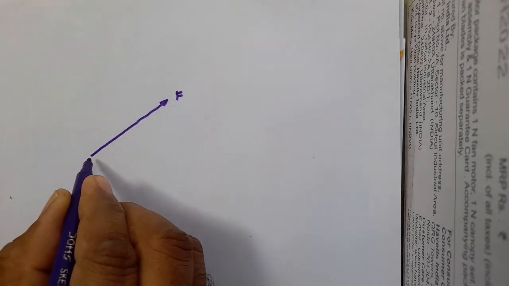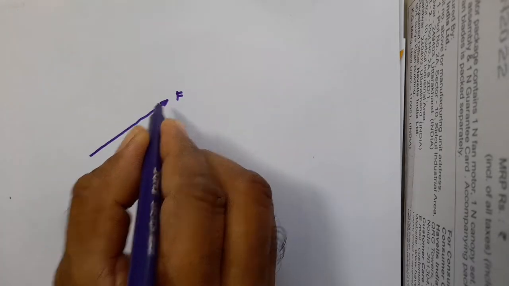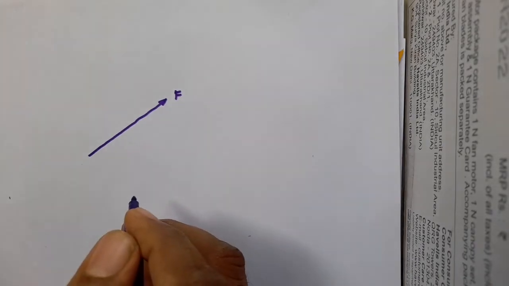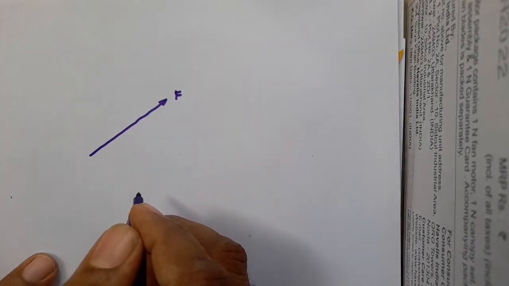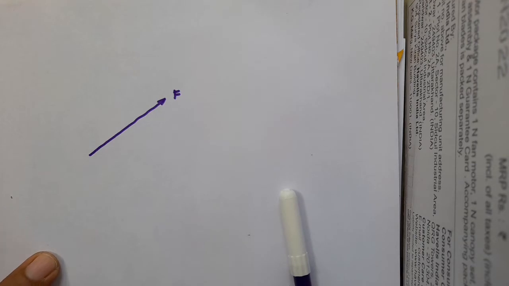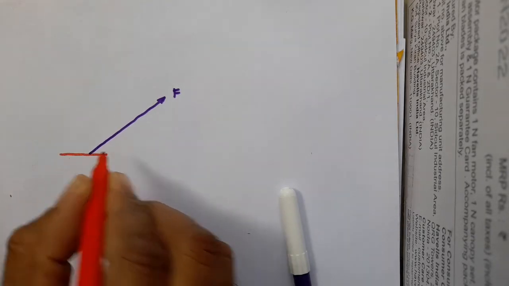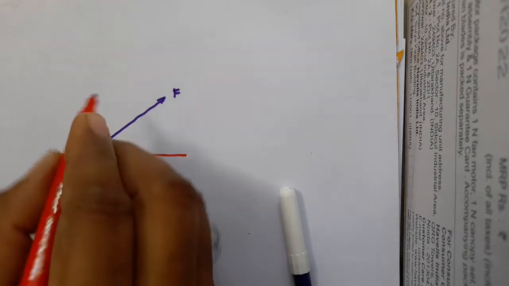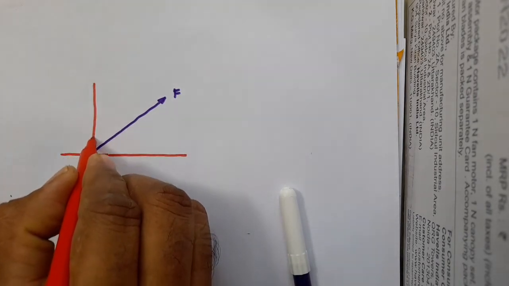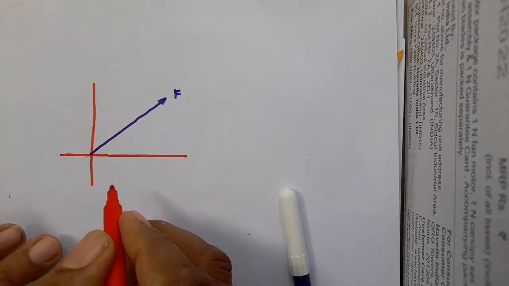One is the starting point and the other is the end point. Now what you should do is that through the starting point you should draw two lines, a horizontal line and a vertical line like this.